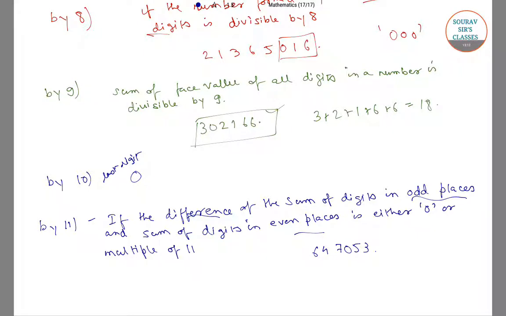The sum of digits in odd places is 3 plus 0 plus 4, which is equal to 7, and in even places is 6 plus 7 plus 5, which is equal to 18. Now, 18 minus 7 is equal to 11, which is a multiple of 11. So our number 647053 is divisible by 11.